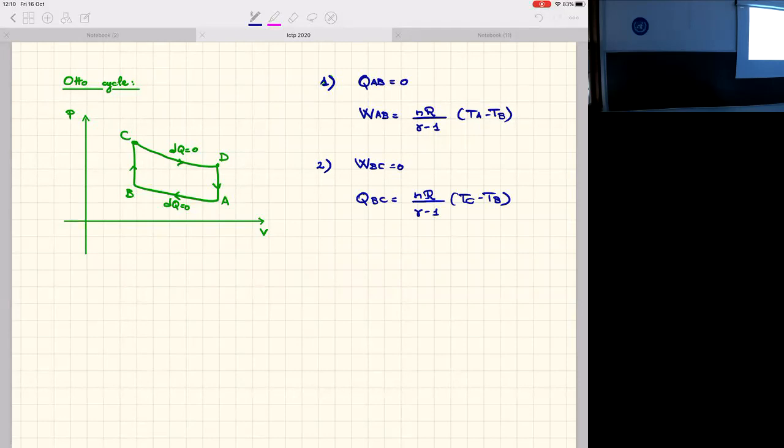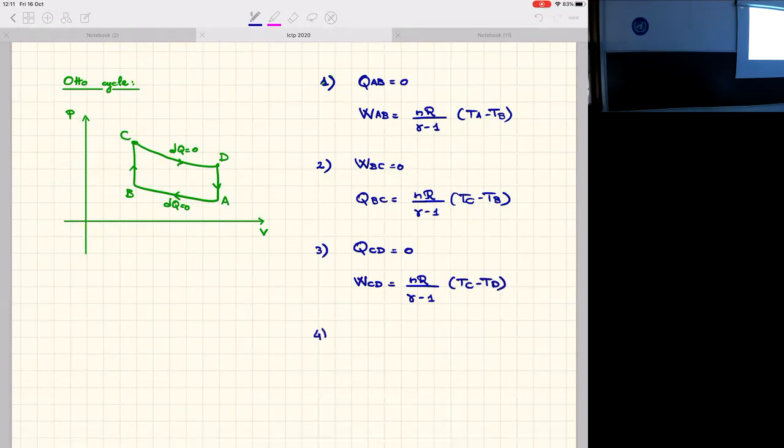It's a slightly different type of engine. 3, Q_CD is equal to 0, and W_CD is equal to nR divided by gamma minus 1, (Tc minus Td).